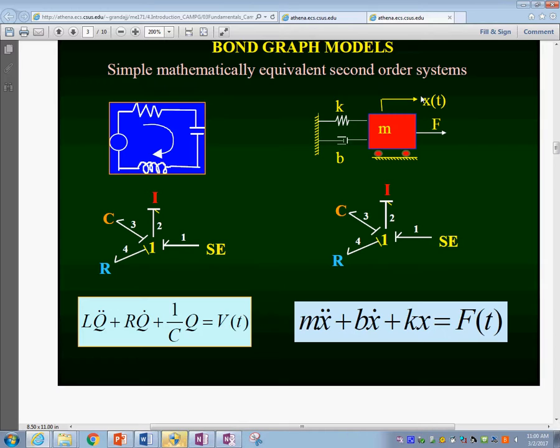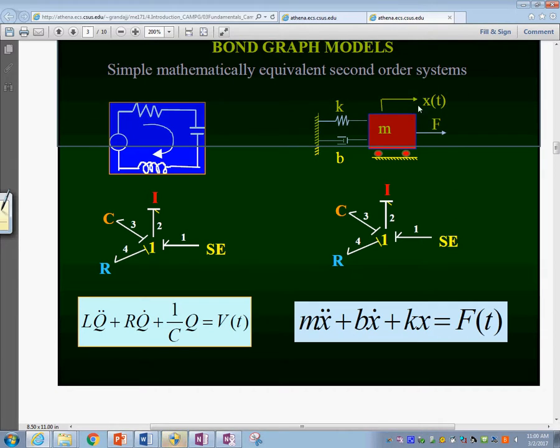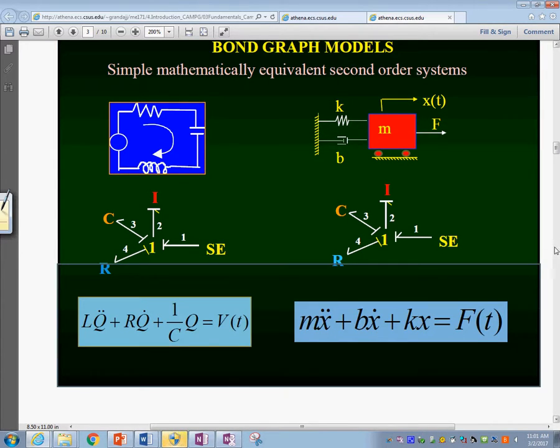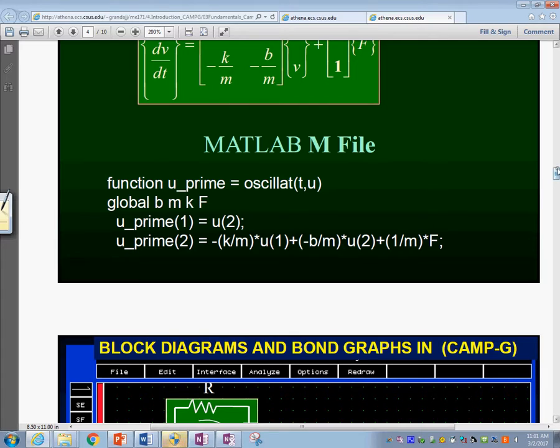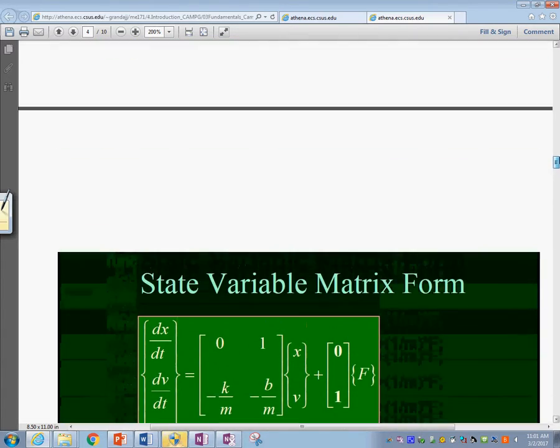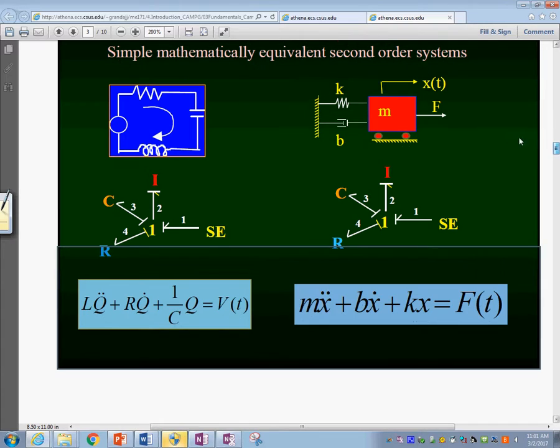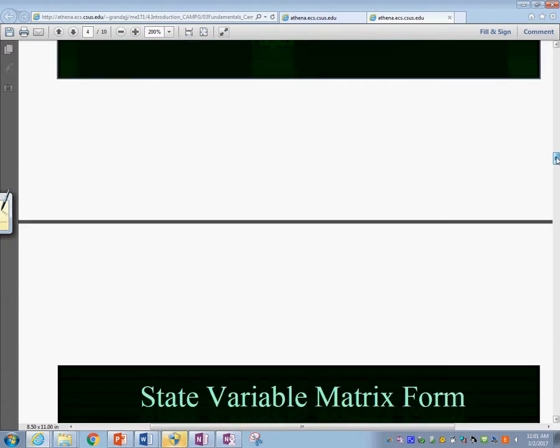And the answer is yes. We also need to get the velocity here. So you have a situation where you will determine the velocity of this, or the current on this other side.